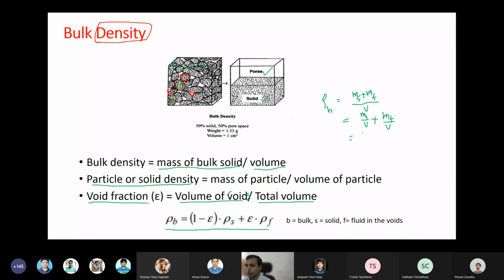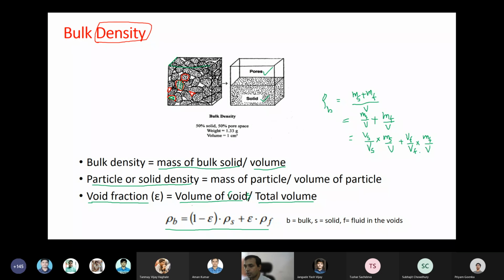We can multiply and divide the first term with the solid volume: solid volume into mass of solid by total volume. Similarly, we can multiply and divide the second term with the fluid volume, that is the fluid in the void spaces, into Mf by V.